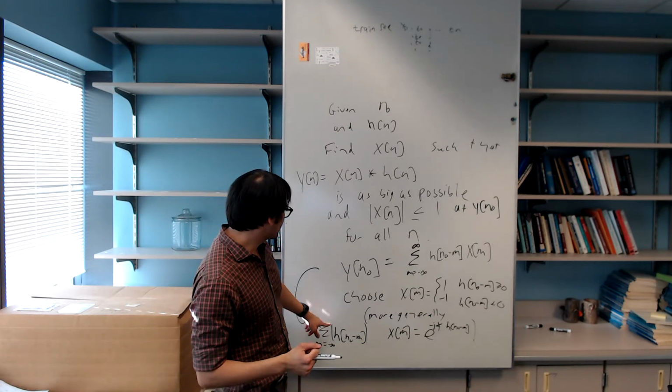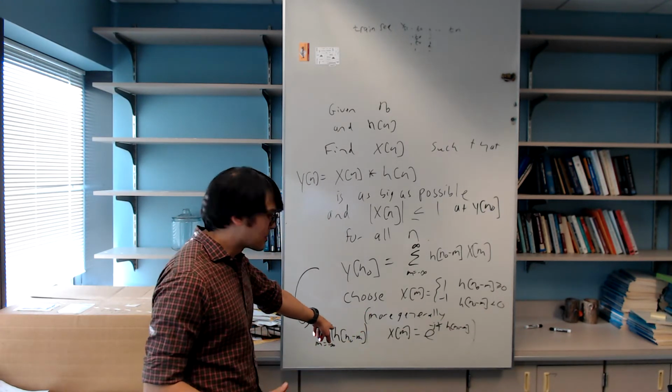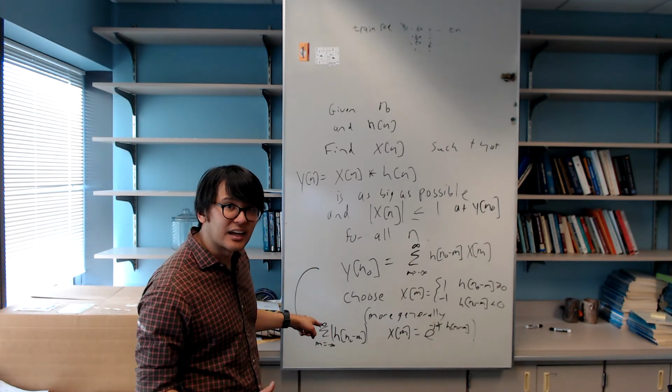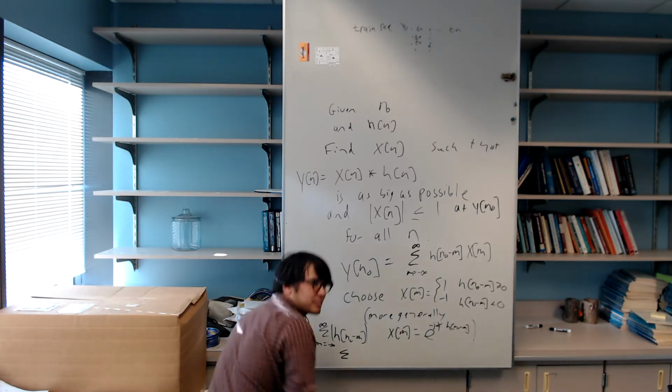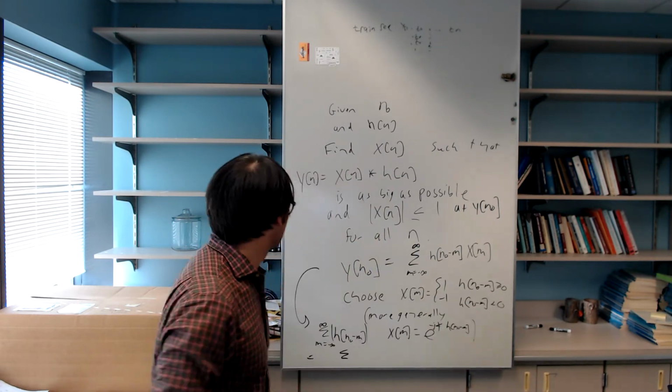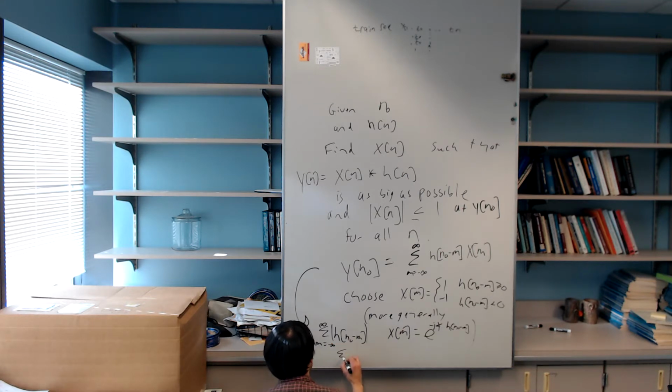But if this thing was not absolutely convergent, remember that n0 doesn't actually do anything for our signal. Actually no, it doesn't matter, so it's the sum over m from negative infinity to infinity of the absolute value of h of m.